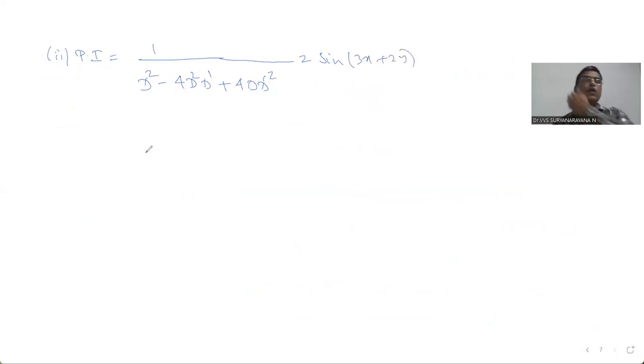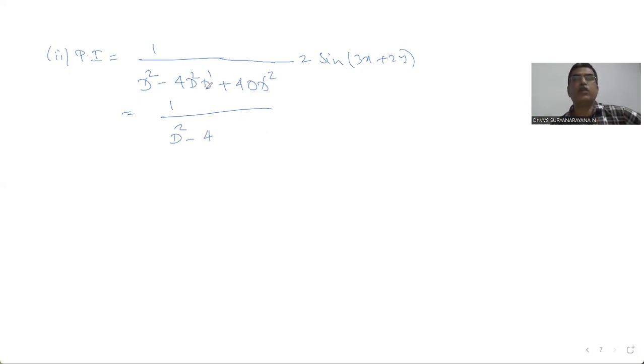Now, as per the procedure, we have to replace D square with minus a square, D D dash with minus ab, and D dash square with minus b square. That is the process. So what we'll do is, we'll consider first this as D square minus 4 into D square D dash.